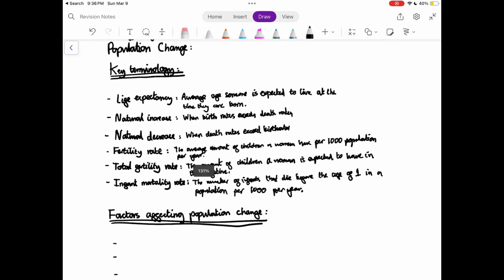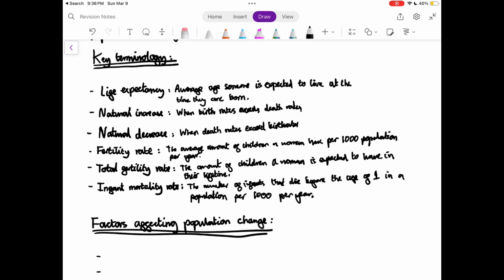Okay, so these are all the definitions here, and it's important again that you memorize these word for word, as they do come up a lot in exams, and it's an easy way to get marks.